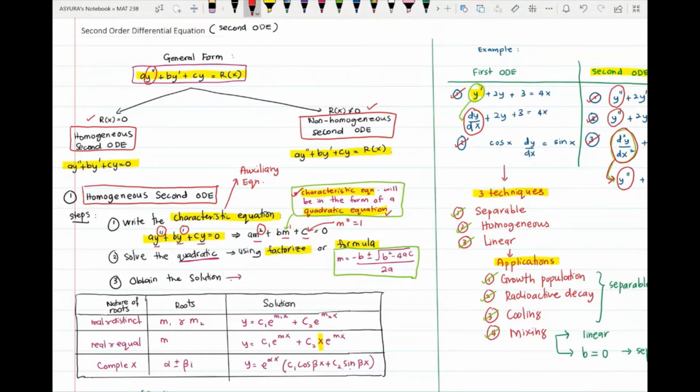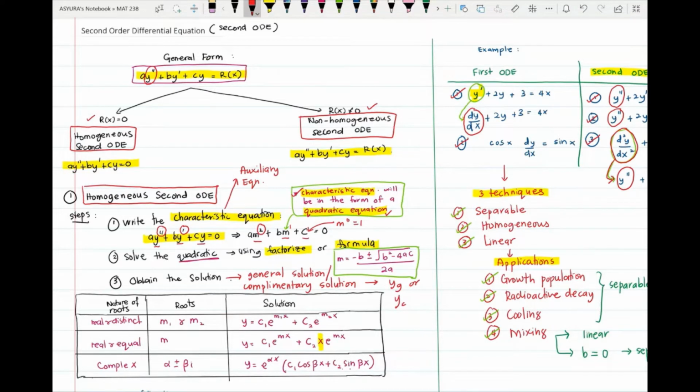Next step is you will obtain the solution. The solution for the homogeneous second order ODE, we will call it the general solution, or it is also known as the complementary solution. Basically, you will write it as yG, or in some books yC.